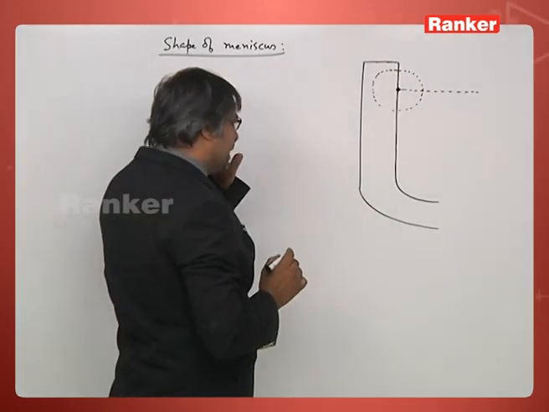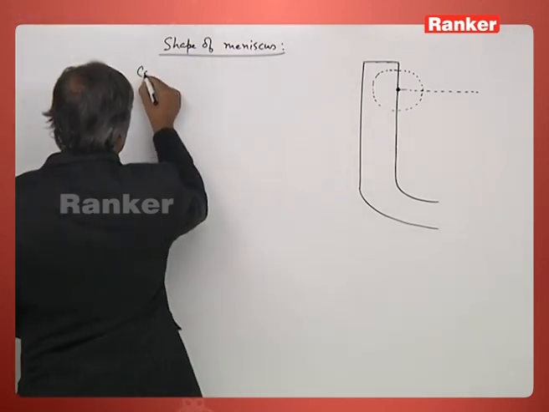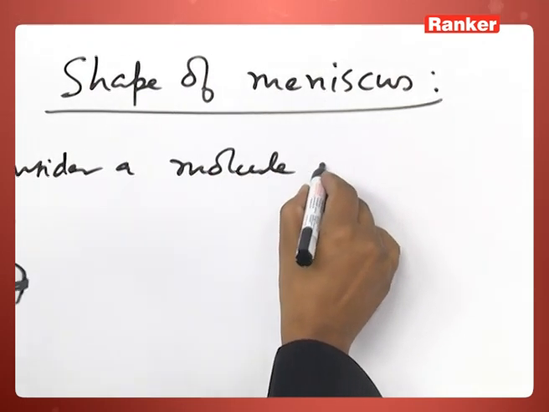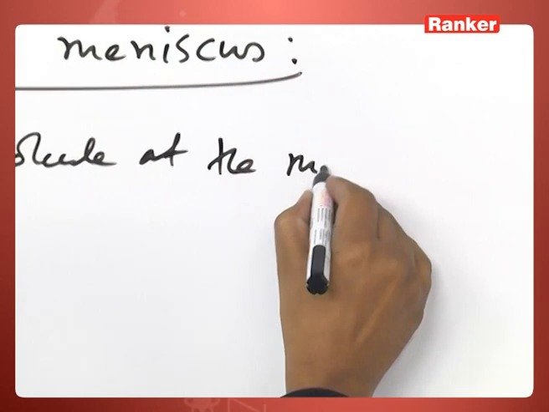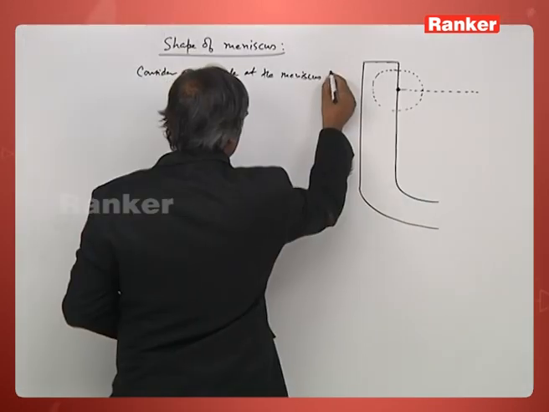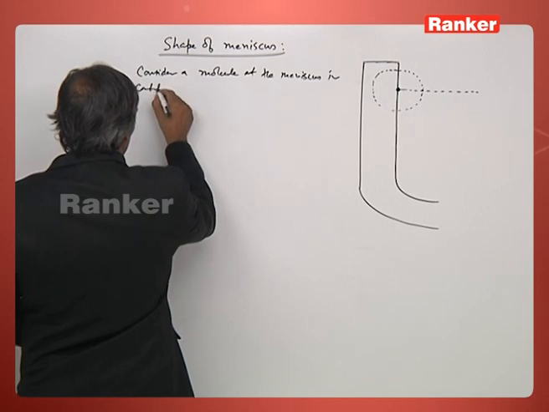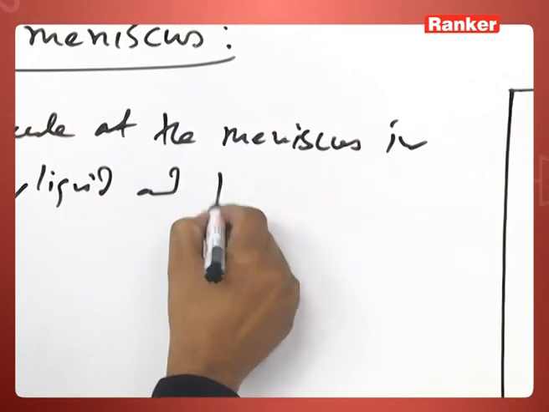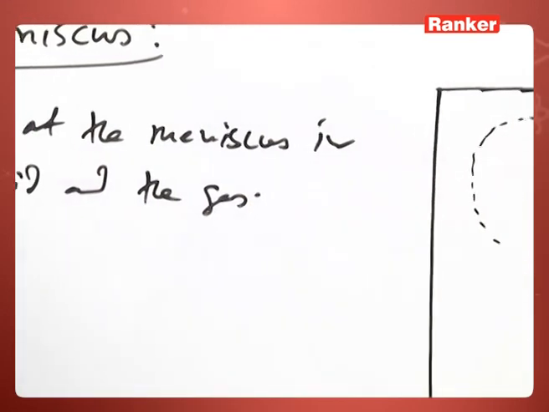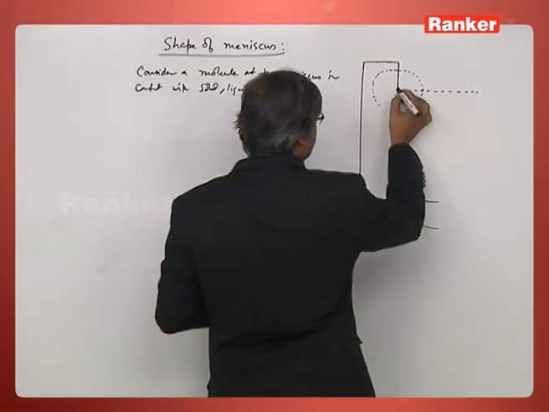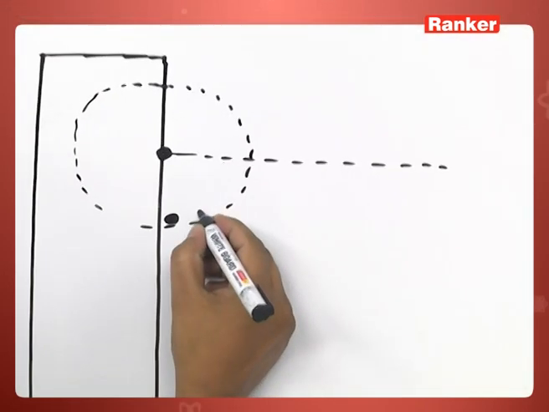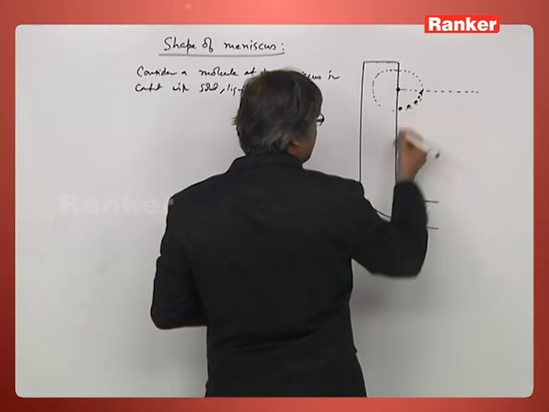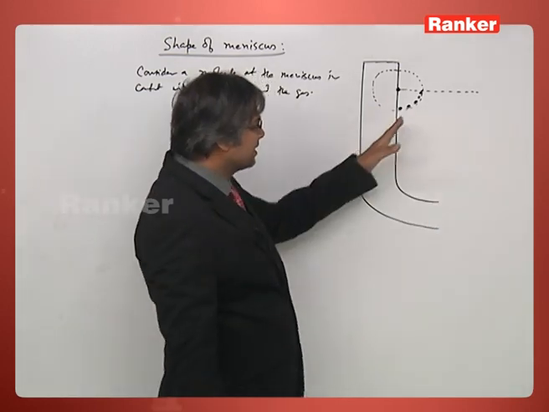So now consider a molecule at the meniscus in contact with solid, liquid and the gas. Let us talk about the molecules here. Now you see the sphere of influence here, 1/4 of this sphere is inside the liquid.